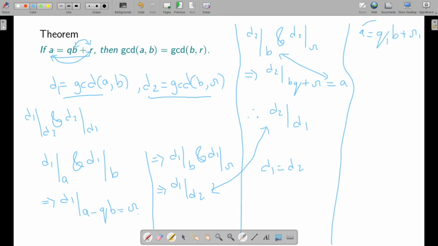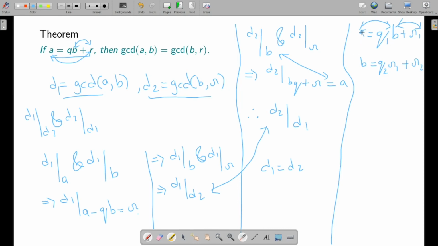Now computing the GCD of this is the same as computing the GCD of this. So what you can do is now divide B by R1. So B will be Q2 times R1 plus R2.